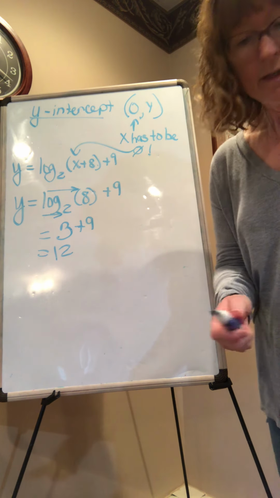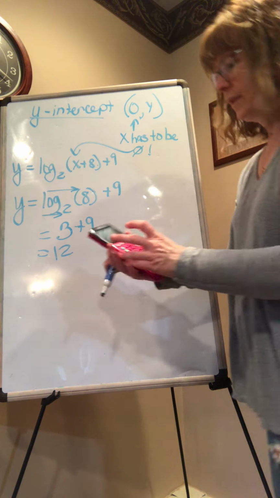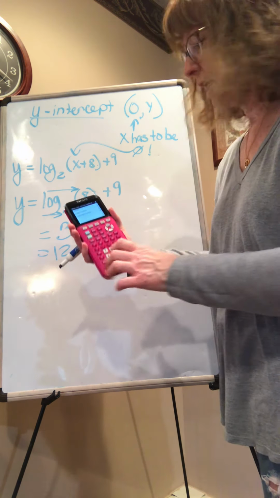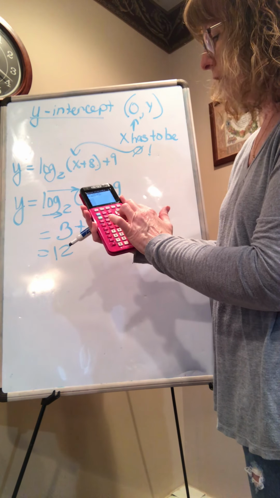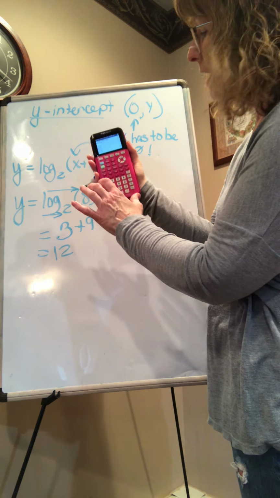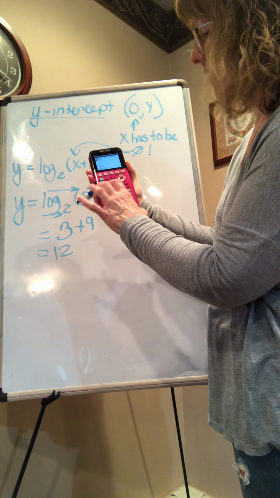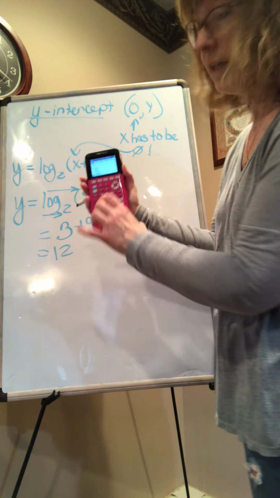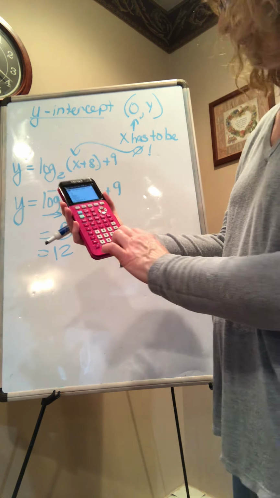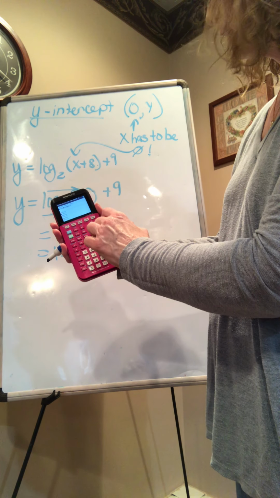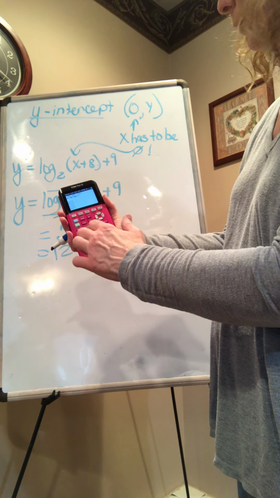We want to do it graphically, then this is where you absolutely need your Gen X. You need to go to y equal, clear out anything that's there, and you have to hit math, and you have to go down to log base, which is A. So you have to hit math A, enter, and then on your calculator, you have to type in exactly what's here.